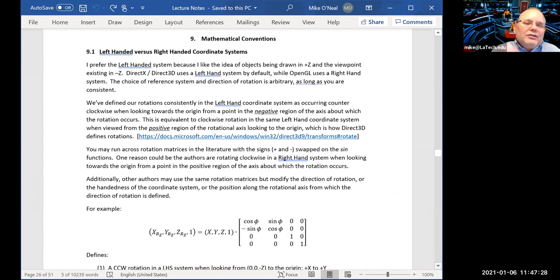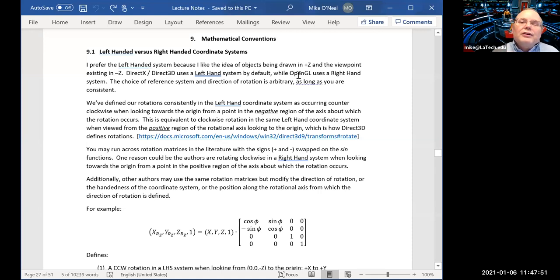Okay. So this maybe will clear a little bit of that up. Left-handed versus right-handed coordinate systems. There's no one way of doing it. Like I said, DirectX and Direct 3D use a left-handed system like we're using in this class.